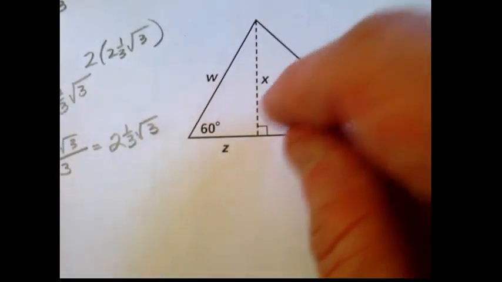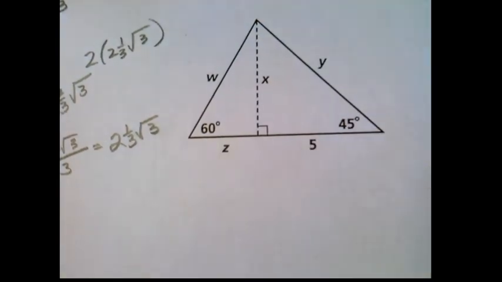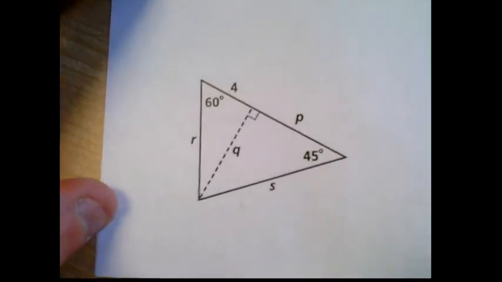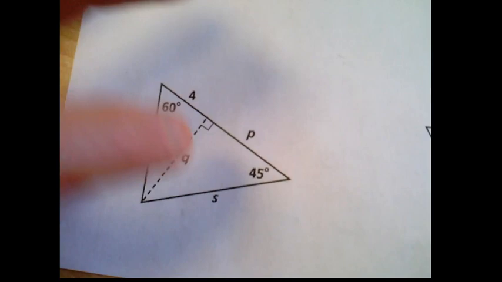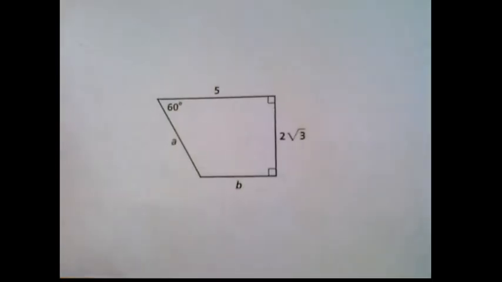You want to work your way from one triangle to the other. Same thing with this one. Work your way from one triangle to the other. And then this one being a trapezoid, like the one we just worked on, you may want to break it into parts, kind of like I did with the area problem.